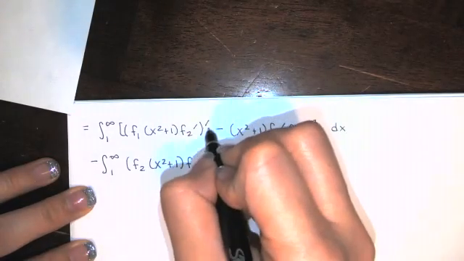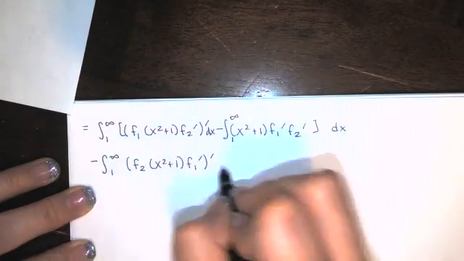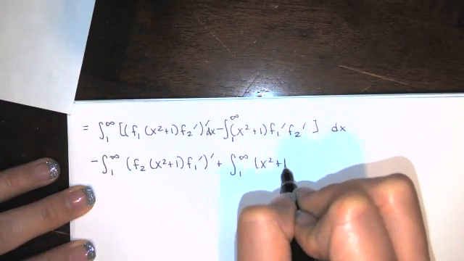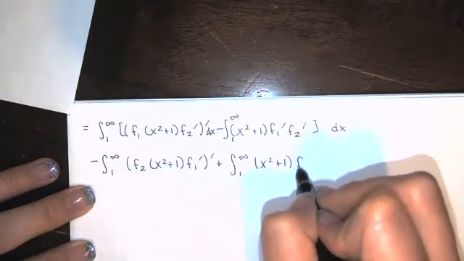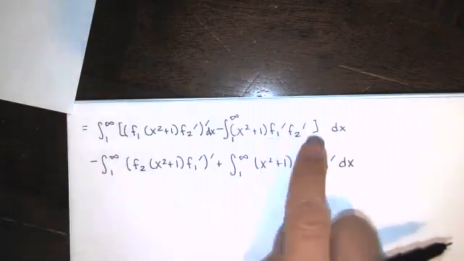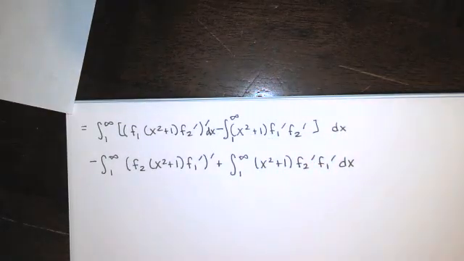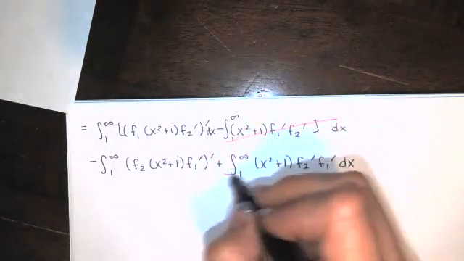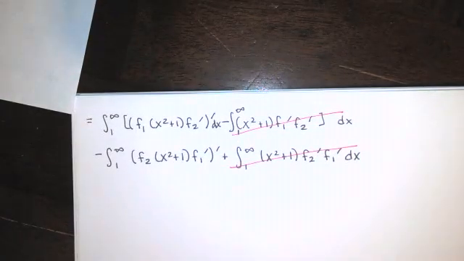So I guess we could put a dx on this and write an integral from 1 to infinity there as well. Subtracting a negative would give us a positive integral from 1 to infinity of x squared plus 1 times f sub 2 prime f sub 1 prime dx, just changing the subscripts. But notice this expression is exactly the same as that expression, they just had opposite signs. So those are gone. Oops, and I'm missing a dx.